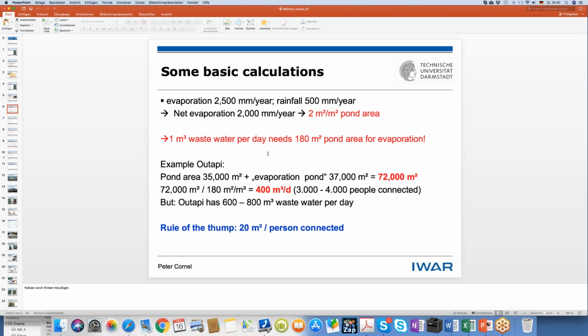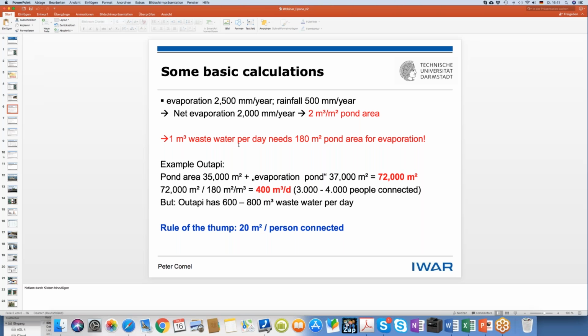Maybe some basic calculations. We have an evaporation of 2,500 millimeters a year. I think this is probably close to Jordan. We have a rainfall of 500 millimeters a year, pretty concentrated in a few months. So that means we have 2,000 millimeters net evaporation. That means we have about 2 cubic meters evaporation per 1 square meter of pond area.